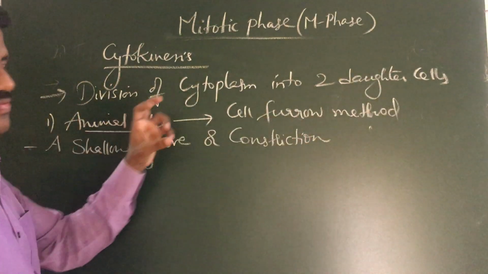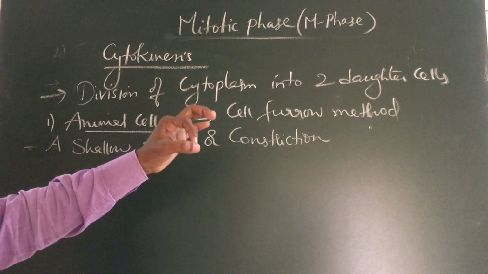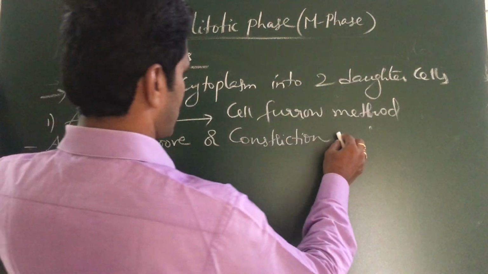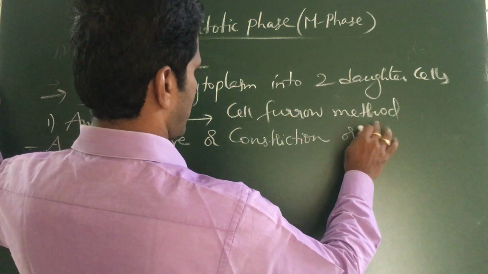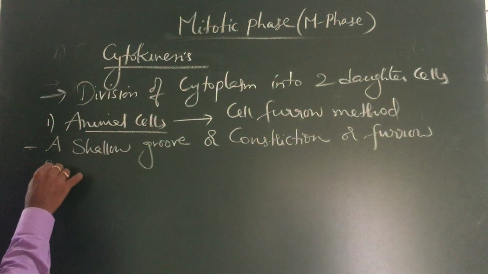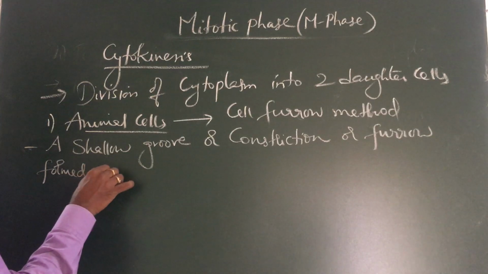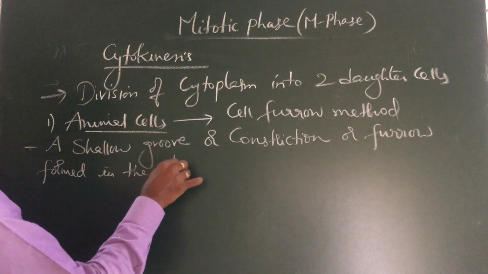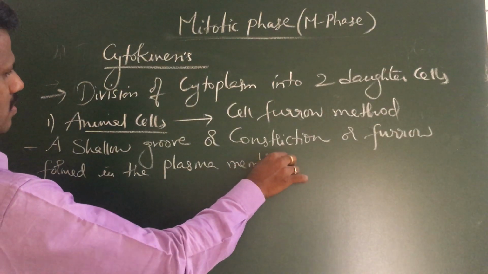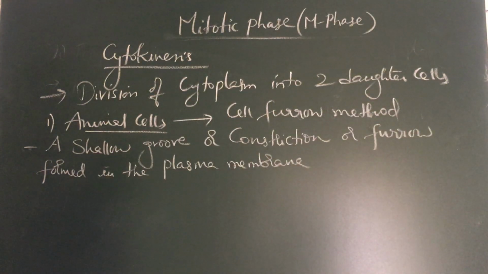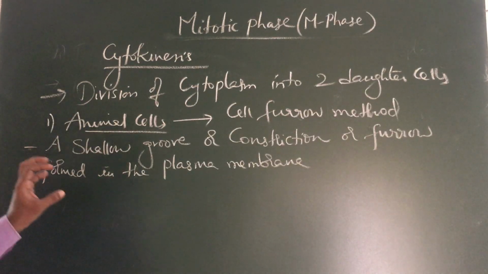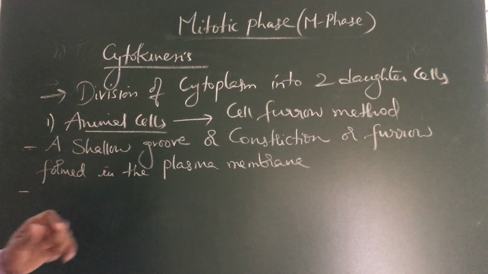So the cell itself will constrict into two halves. A shallow groove or furrow is formed in the plasma membrane. Whatever is formed will deepen to join.